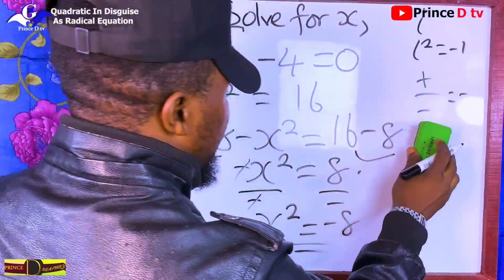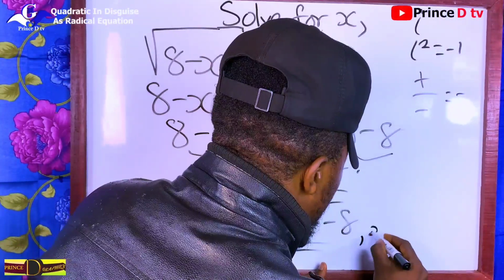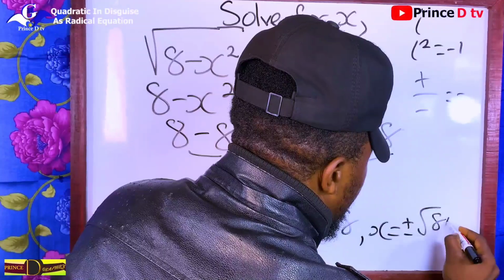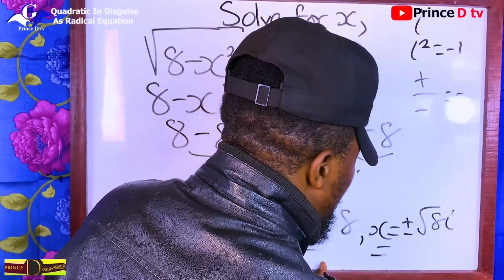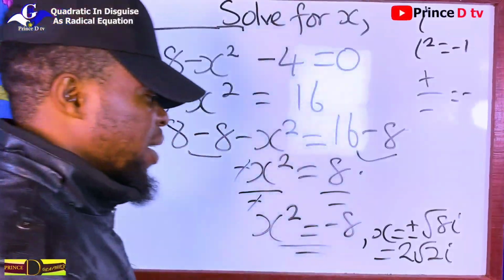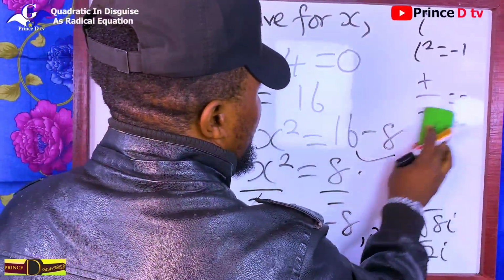So from here, you realize that our answer becomes x is equal to plus or minus the square root of 8i, which is equal to 2 root 2 i. And somebody might be asking how come I came about with that. So let's look at it.